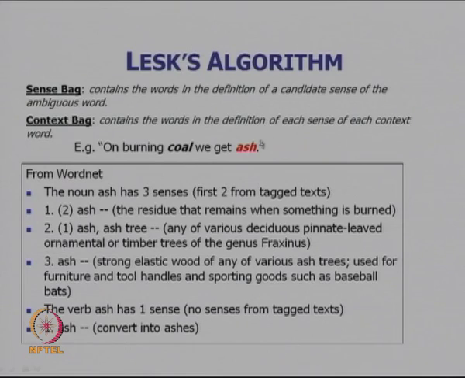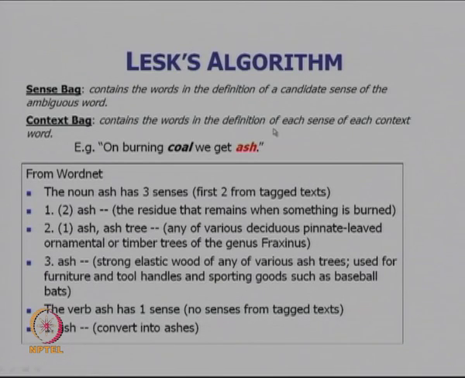Here is an example, and the example is known as the Lesk algorithm. This is based on the overlap idea. The Lesk algorithm is one of the most famous algorithms in word sense disambiguation. So, the sense bag contains the words in the definition of a candidate sense of the ambiguous word, and the context bag contains the words in the definition of each sense of each context word.